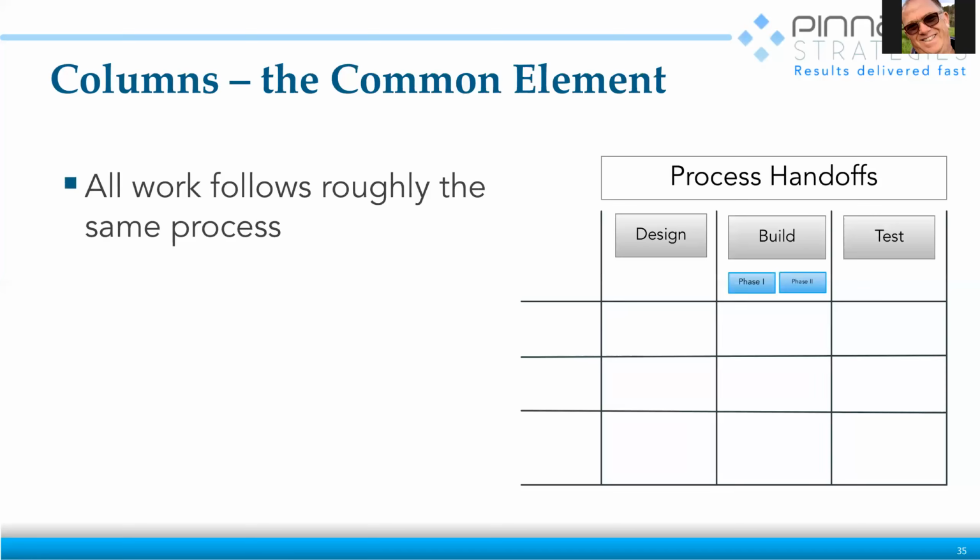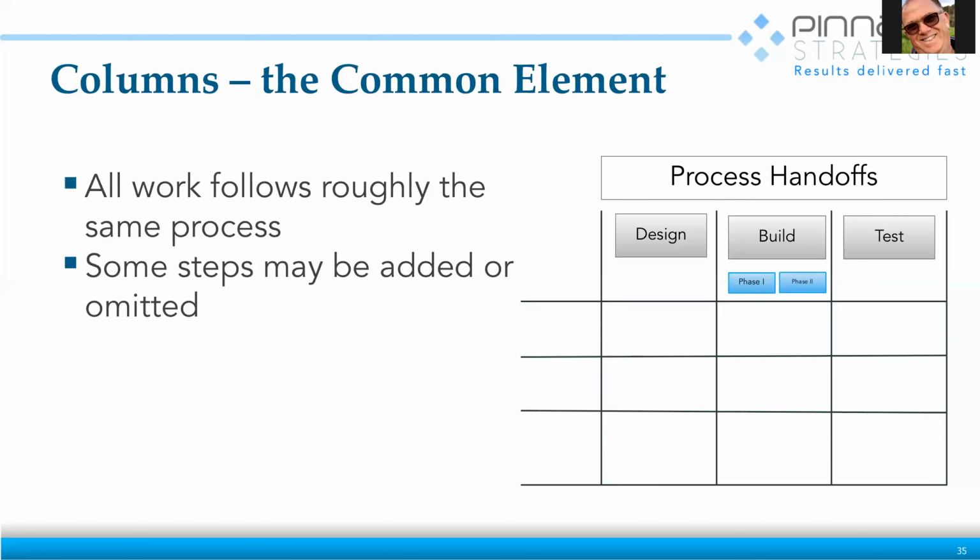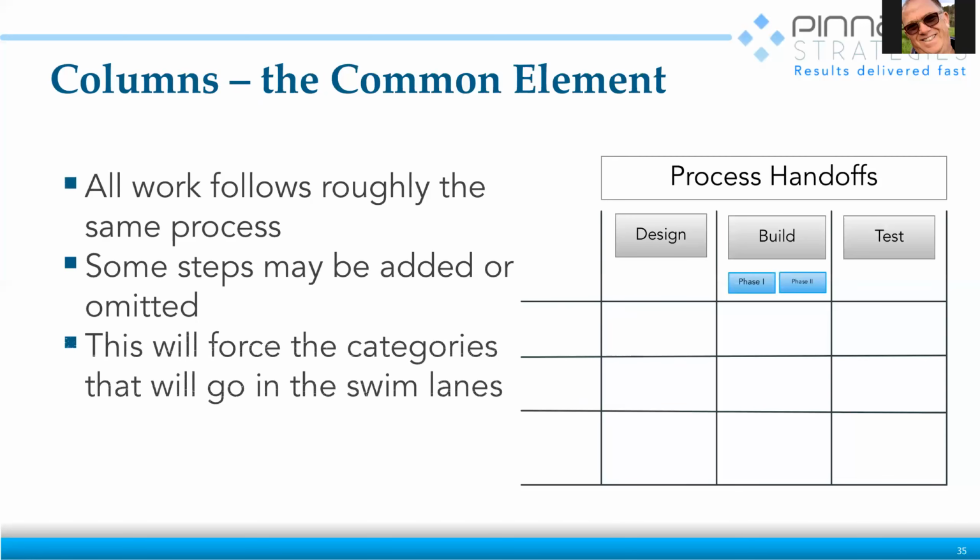All right, so this is the clarifying thing here. Some steps could be added or taken out, and building the columns will push you towards building the swim lanes or the rows, which is the next thing that you have to define.